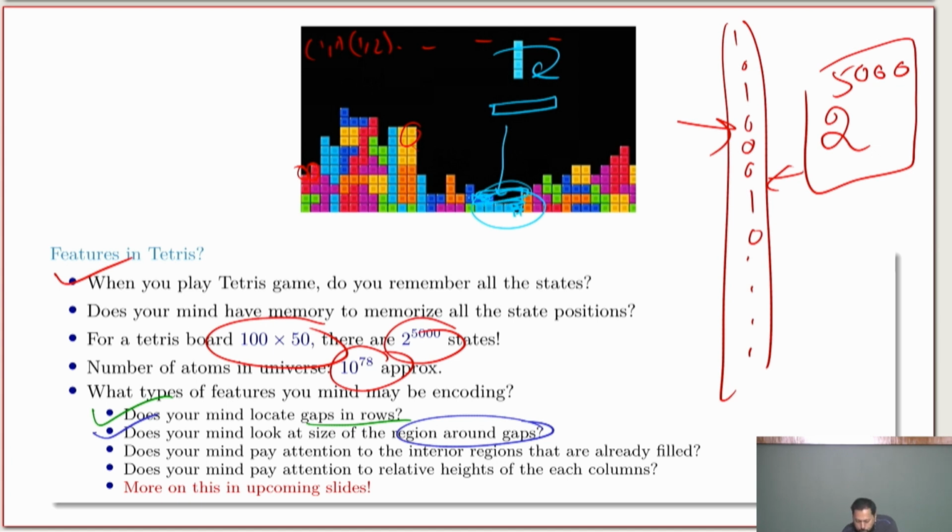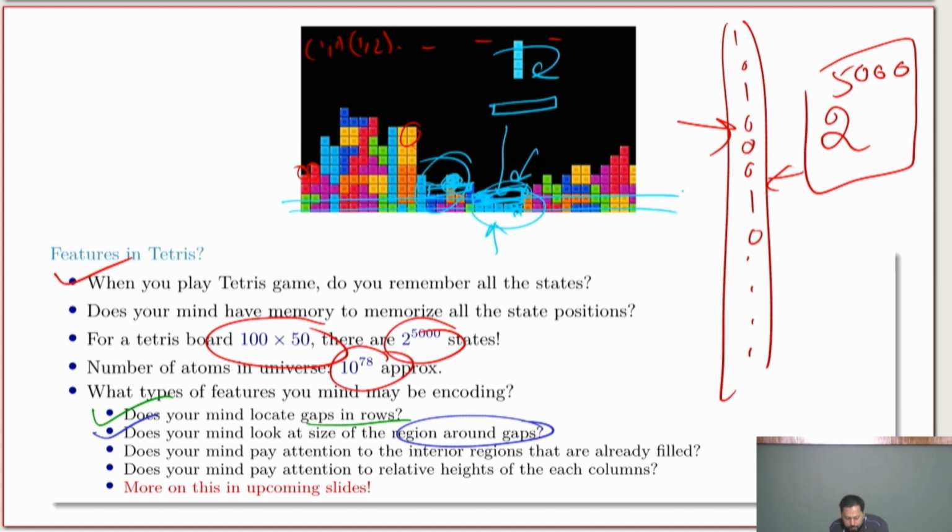And let us assume that these blocks were not there. Then you will think about putting that block here compared to here, because here you see that you can have 2 rows filled if you put that block here.